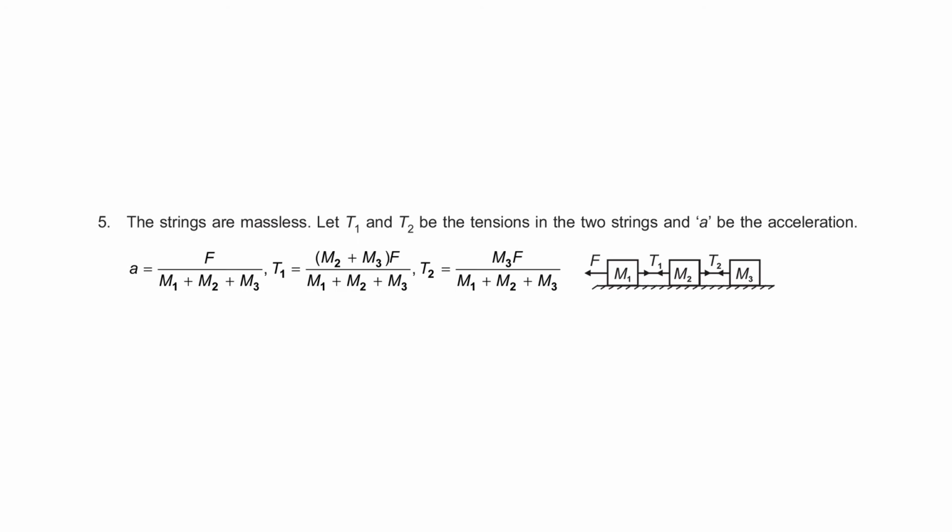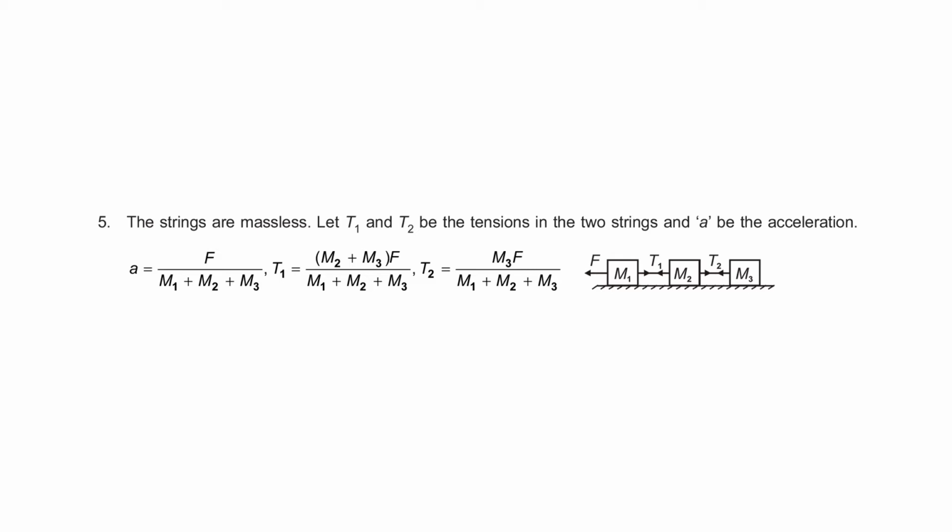Now let us move on to the fifth formula. Refer to the image on the screen for the fifth formula. The strings are massless. Let T1 and T2 be the tensions in the two strings and small a be the acceleration.